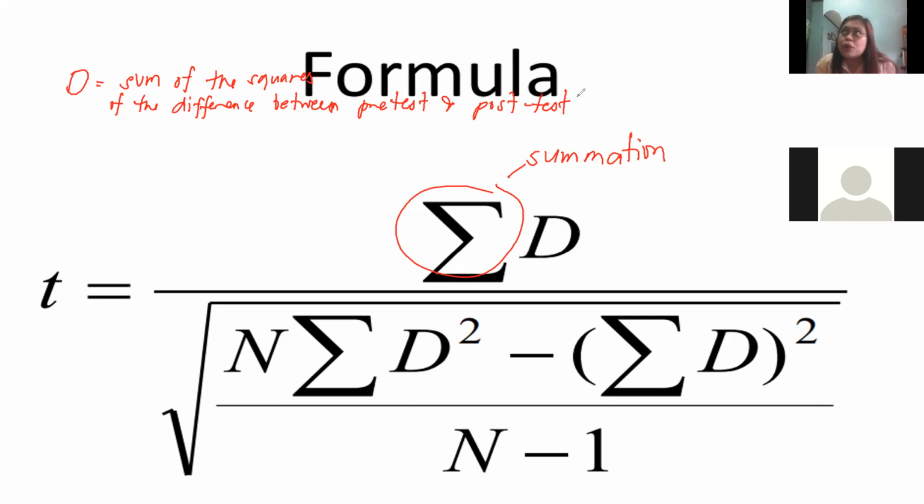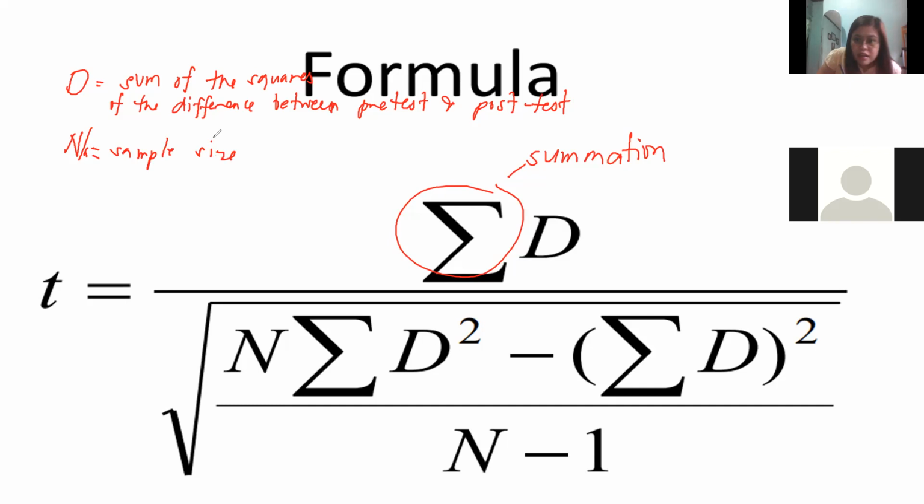So look again at your research design. Did you do a pre-test and post-test, or only a post-test? Of course, if it is only a post-test, you are in the independent sample t-test. But if it is pre-test and post-test, you have to use a paired sample t-test. And then the capital letter N here, or small letter n, is just the sample size.